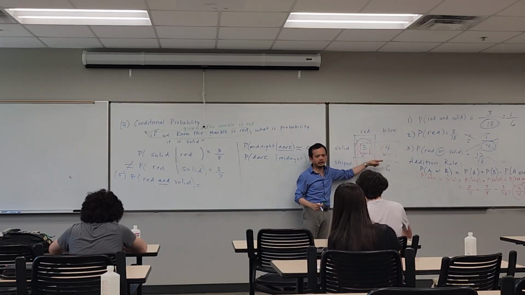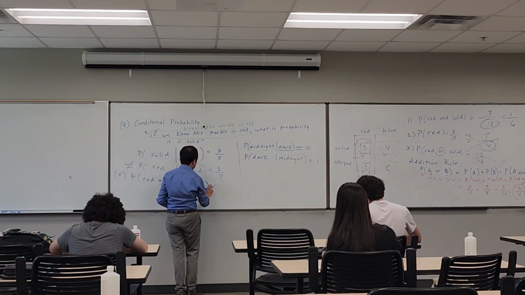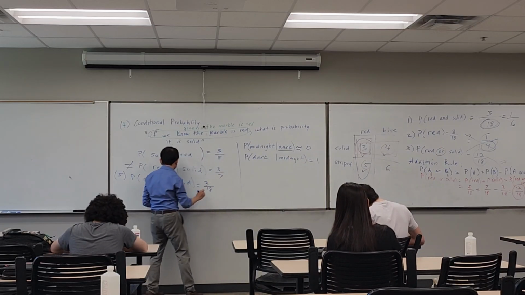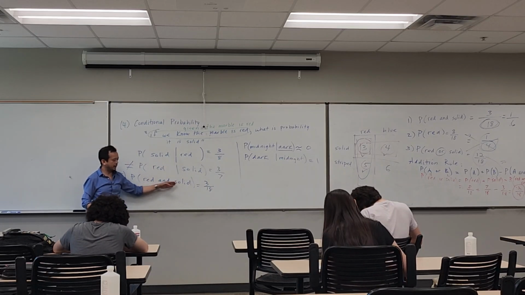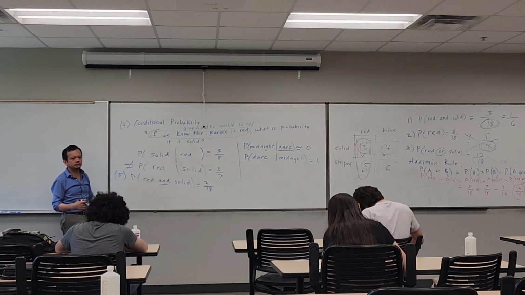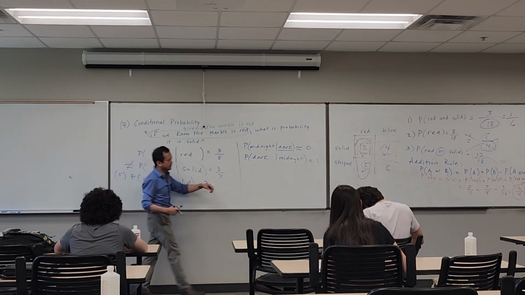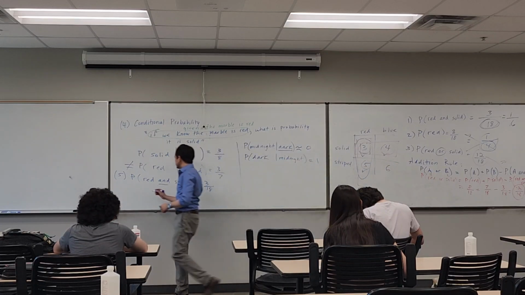That ended up being 3 out of 18. But it turns out that if you have a probability with this structure, where the events are joined by an and, there's a mathematical rule that addresses this, and it's called the multiplication rule. Previously we did the addition rule, and now we're going to talk about the multiplication rule.